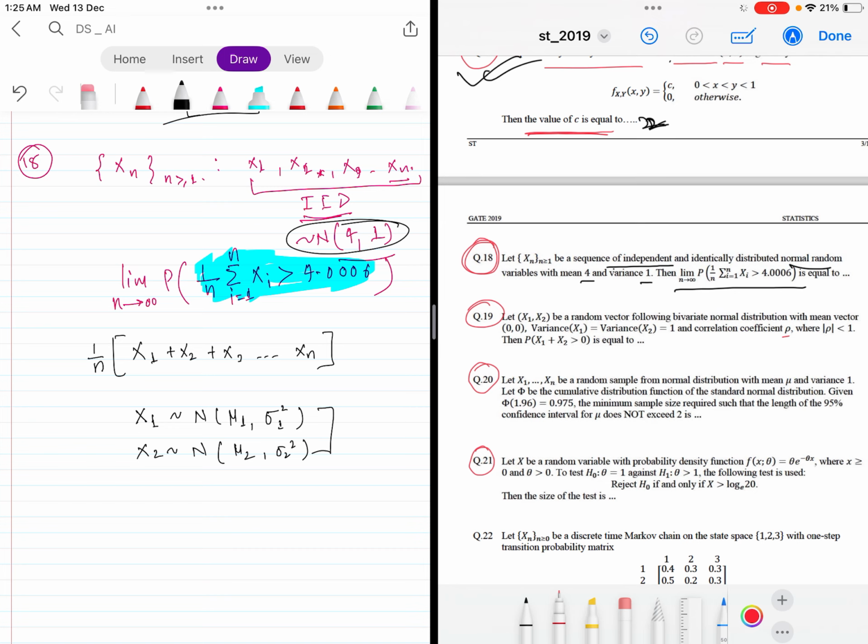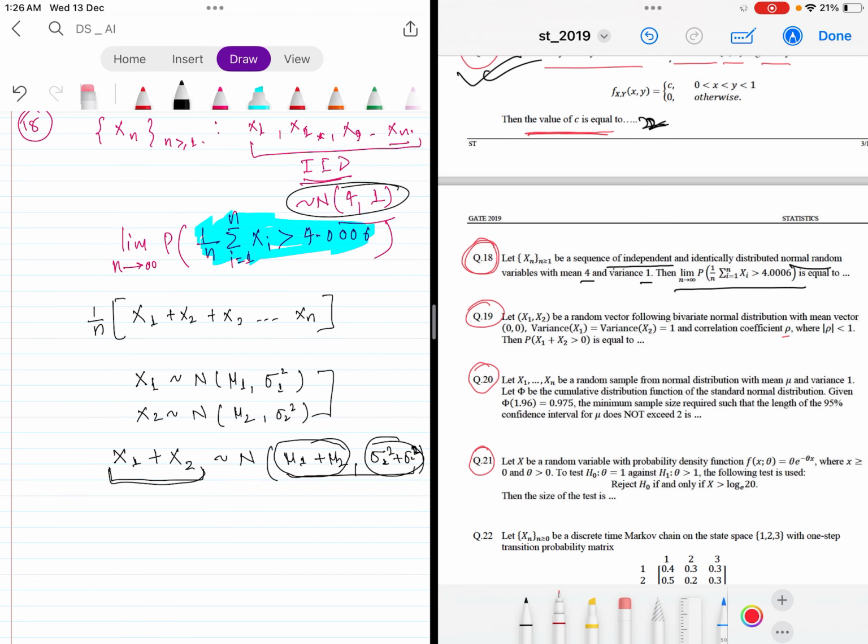If these are independent normal random variables, then the sum will also be a normal random variable, with mean equal to the sum of the two means and variance equal to the sum of the two variances. We get this by doing the convolution of the two normal random variables, and in the final result the means get added and the variances get added.